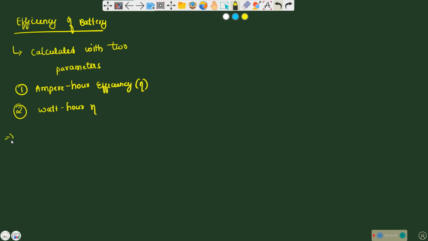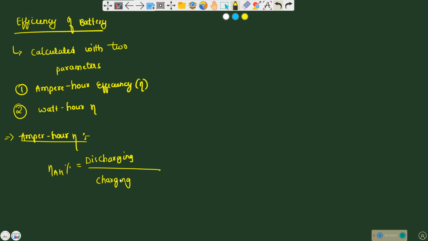So if I talk about ampere hour efficiency, how to calculate ampere hour efficiency: ampere hour efficiency percentage equals discharging divided by charging into 100. So discharging in ampere hour, charging in ampere hour. Remember this.